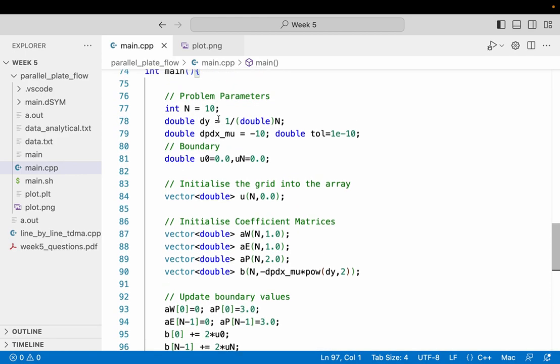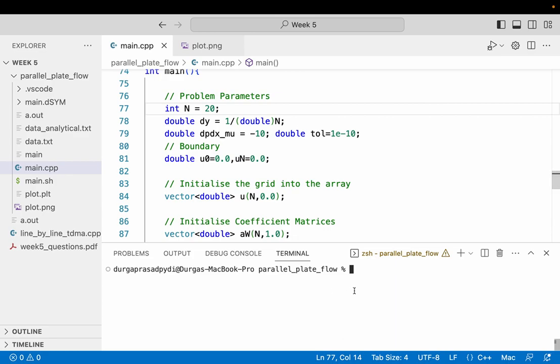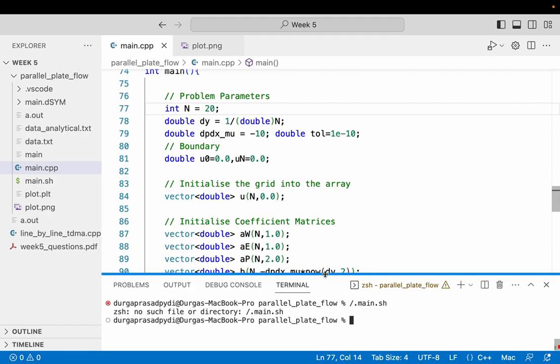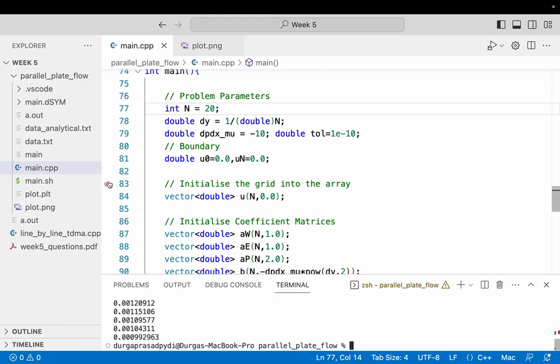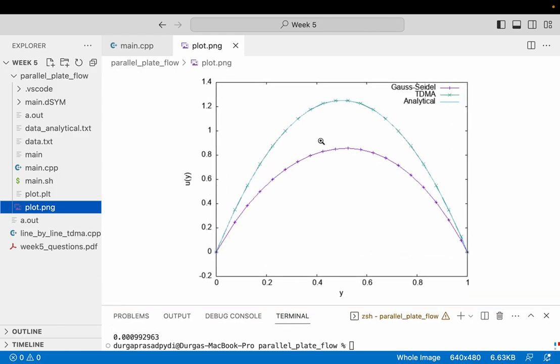If I increase the number of grid points to 20, you can see that it is slightly different. The analytical solution is matching with your TDMA, but your Gauss-Seidel method has deviated from this.